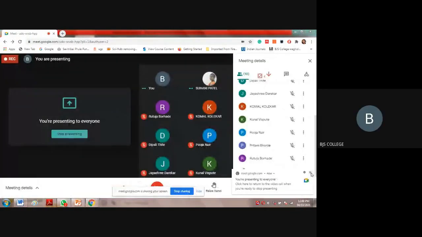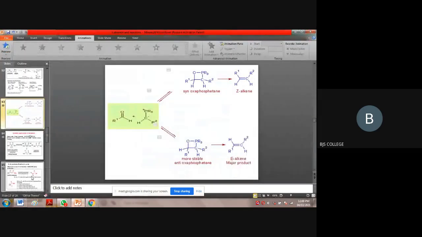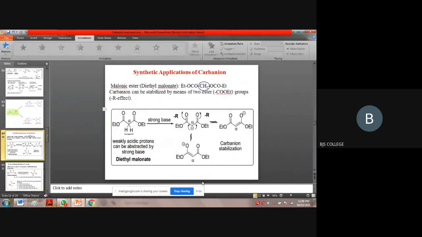Okay, right, fine. So this is the first part of the chapter, where we talked about carbanion, its stability, and then its application for the synthesis of various molecules. Now, the second section of this chapter is the synthetic applications of these reactions.